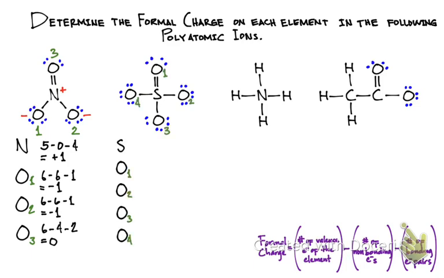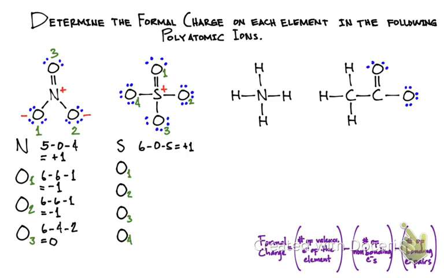All right, now let's look at the next structure here. Let's look at sulfur first. Sulfur is in group 6, so it's got 6 valence electrons minus 0 non-bonding electrons minus 5 bonding pairs. Right, so that gives us positive 1. So that sulfur has a positive 1 formal charge.